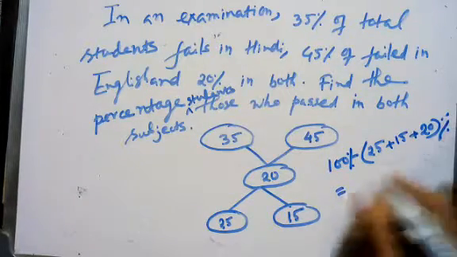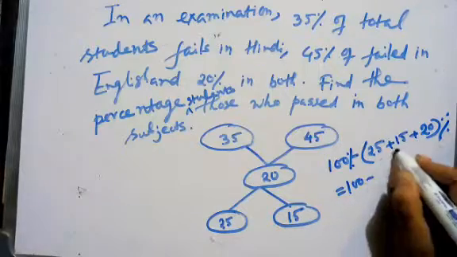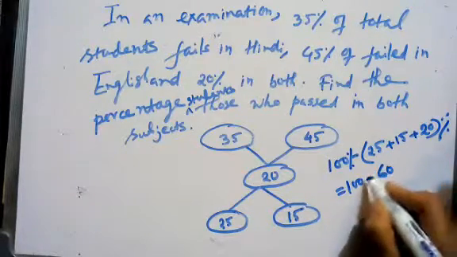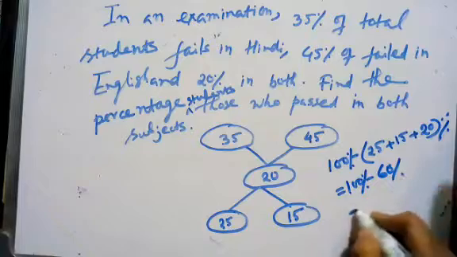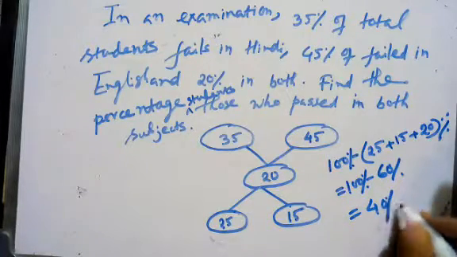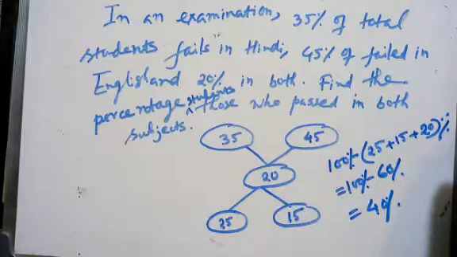This one is 100 minus 60, that means 40% of students passed in both subjects.